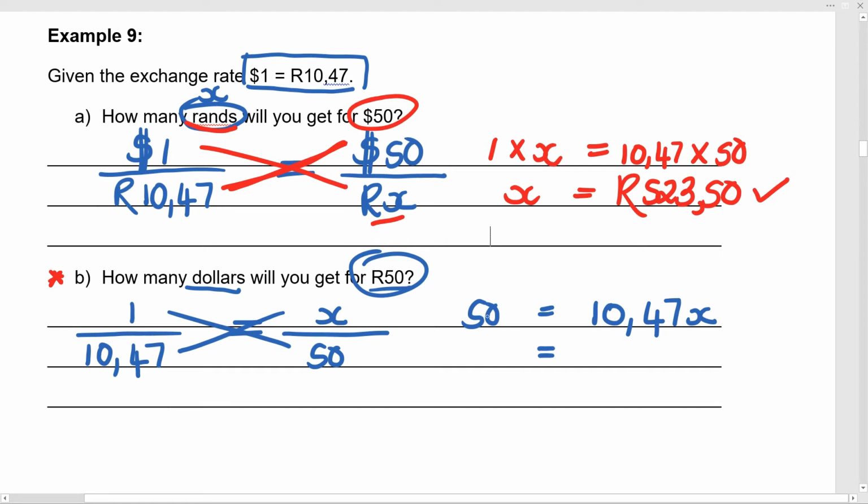I'm going to say 50 divided by the 1047. And I'm going to get my answer rounded off to 2 decimal places as 0.48. What is the unit? They asked me how many dollars. My unknown was the dollars. So my unit in the answer is in dollars.